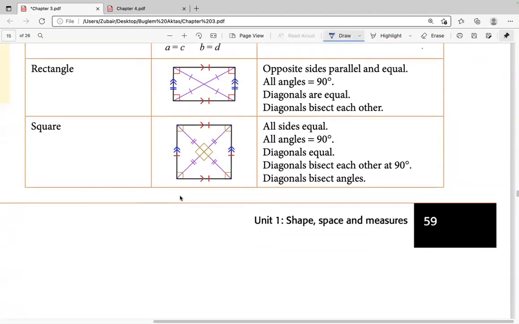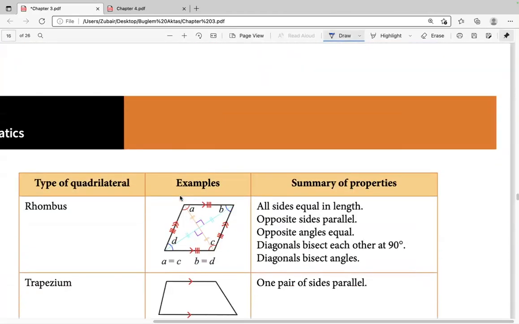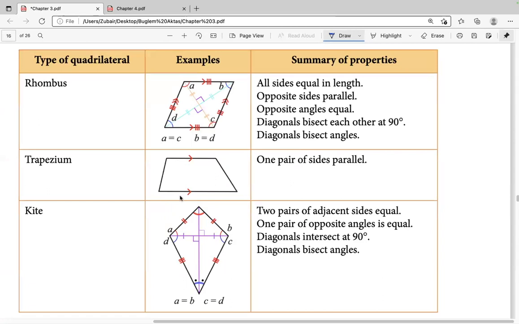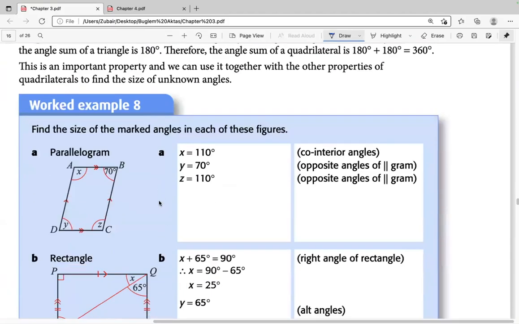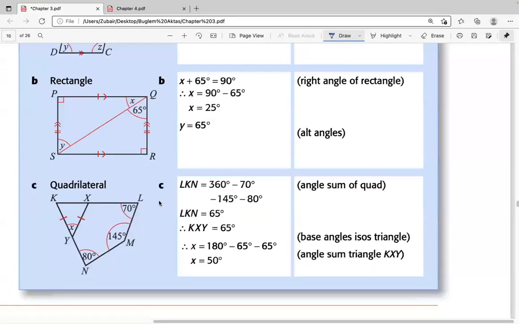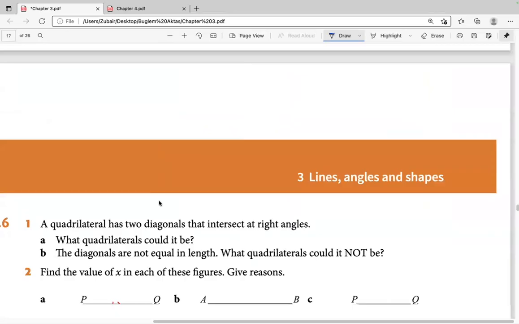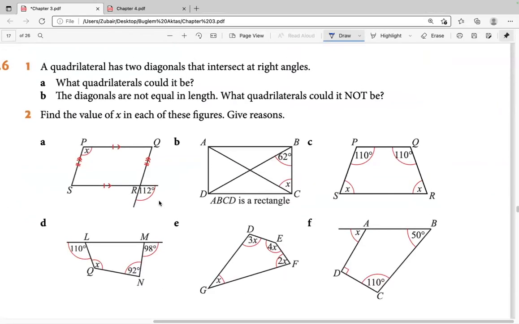Properties of square, rhombus, trapezium, and kite. Okay, let's straight away start with the questions other than worked examples.